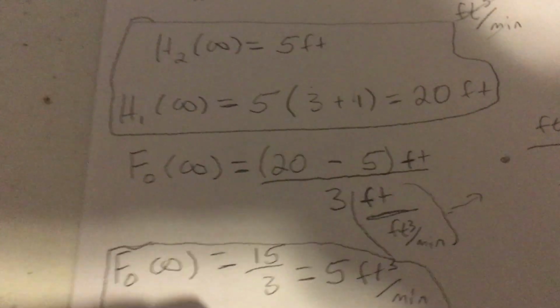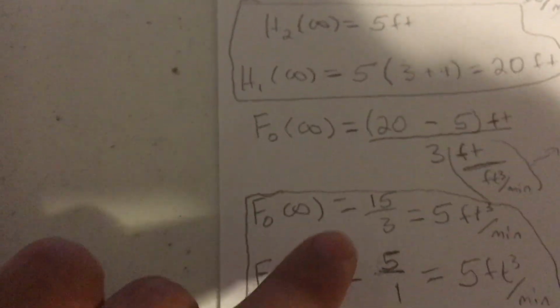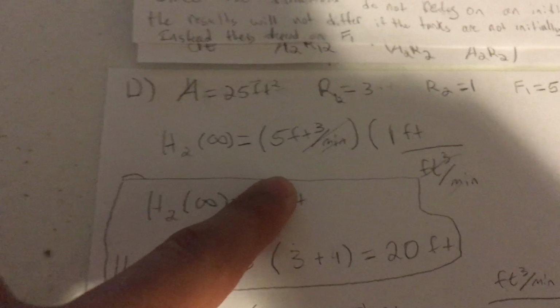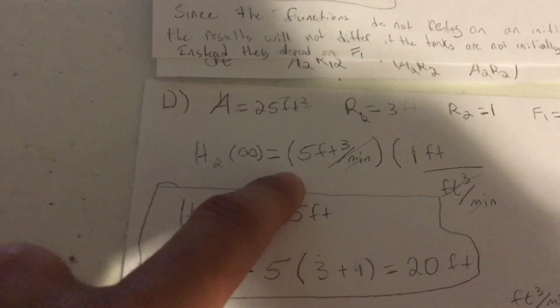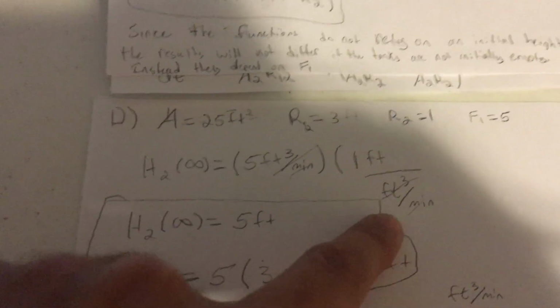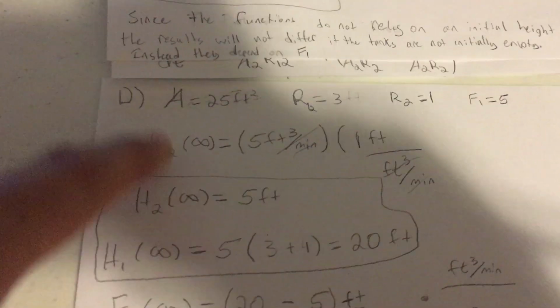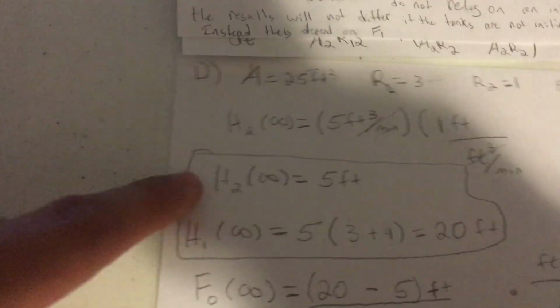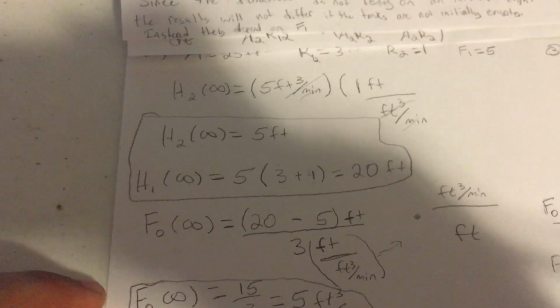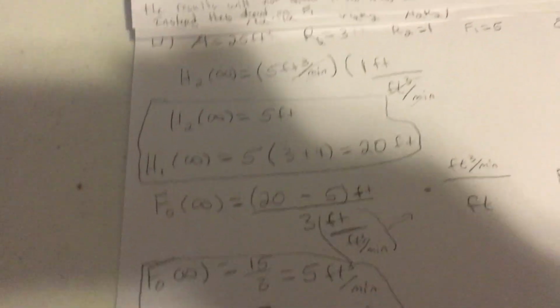So you have the initial height, 5 feet cubed per minute is the flow rate in, times 1 foot per foot cubed per minute. And this is h2, remember, we're doing h2 first because it's easier. So h2 infinity leaves you with 5 feet because these two units cancel out. Isn't that nice? So that's always an indication that you're doing something right when your units are canceling properly.